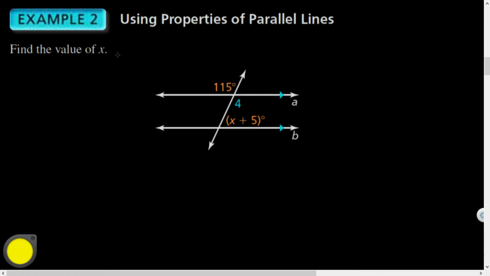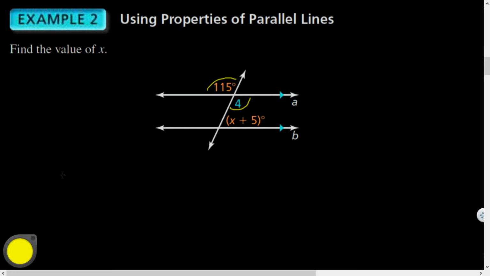Let's see. Here we go. Find the value of x. Okay. Now, angle 115 here is going to also be congruent to which angle? Angle 4. Why? Vertical angles theorem. And then what types of angles are 4 and this angle? Consecutive interior. And what can you tell me about the measures of consecutive interior angles? They are supplementary.